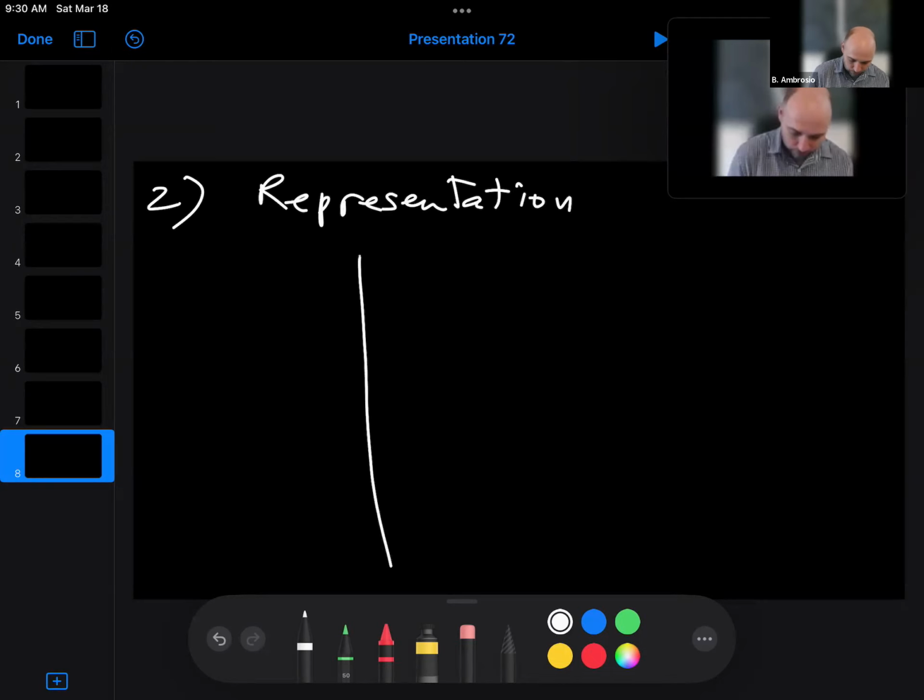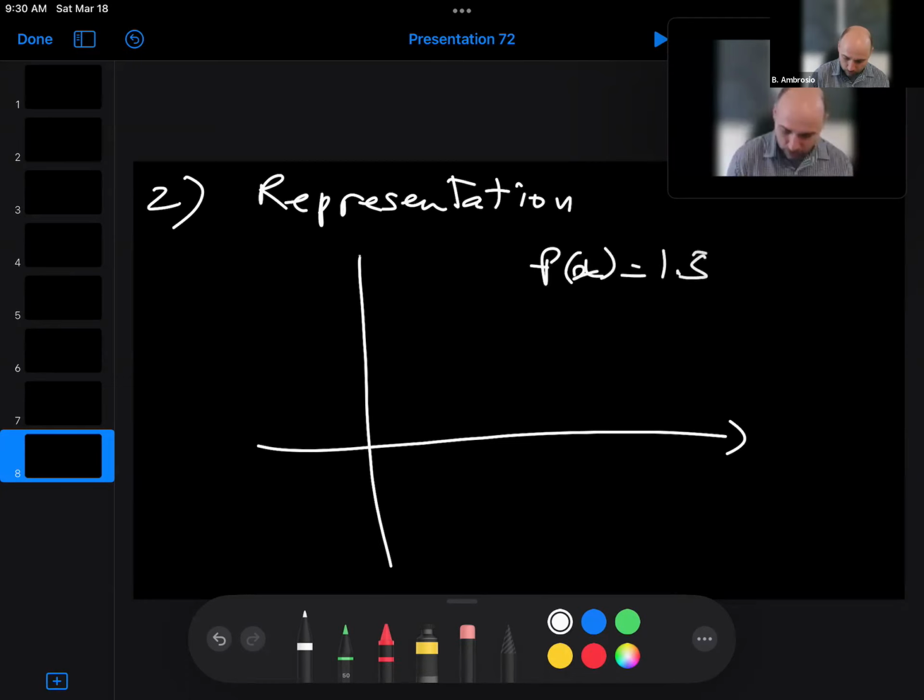For example, I represented f of x equals 1.5x. If I have 1, I have 1.5 here. If I have 2, I have 3. So I will have this function here.